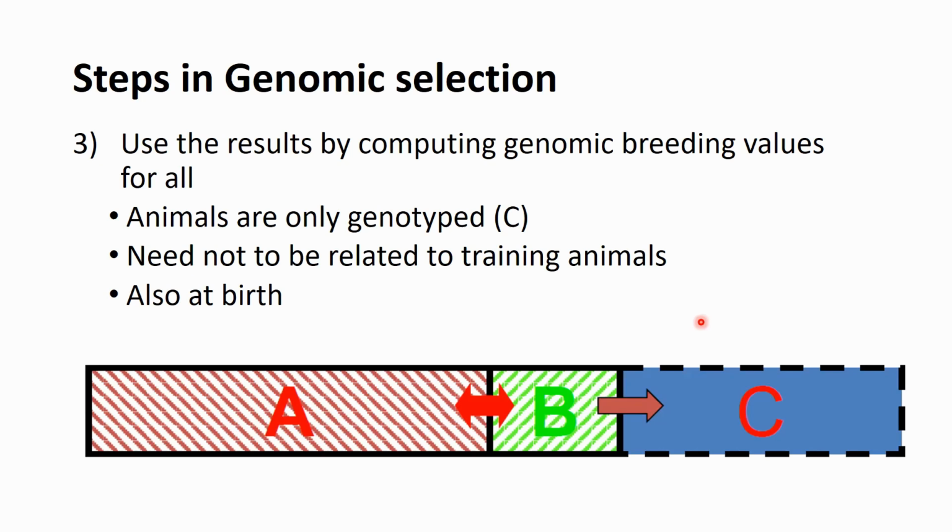But because we have already our genomic selection procedures in place, and we checked that this is working between part of population A and part of population B, so this was okay here, based on this information we can be reasonably sure that it will be working similarly well in part of the population C. So basically, we are using the SNP effects that were estimated here and produce the genomic breeding values for these new and young individuals as well. And then we can use these genomic breeding values in our decisions.